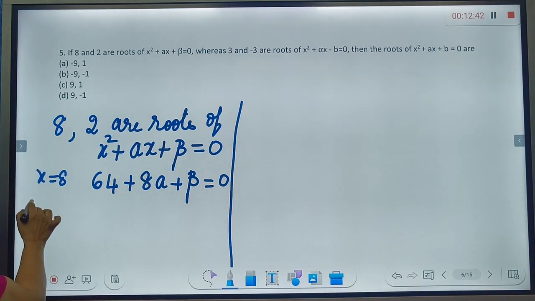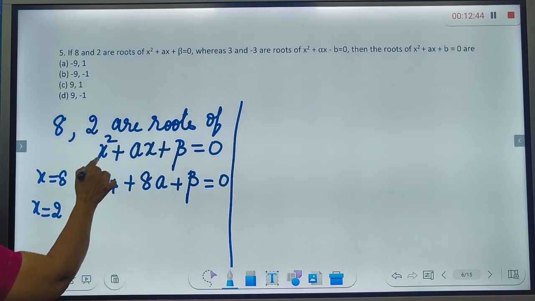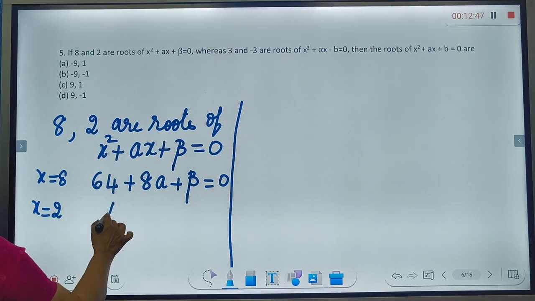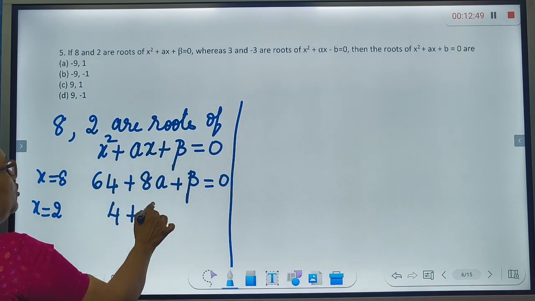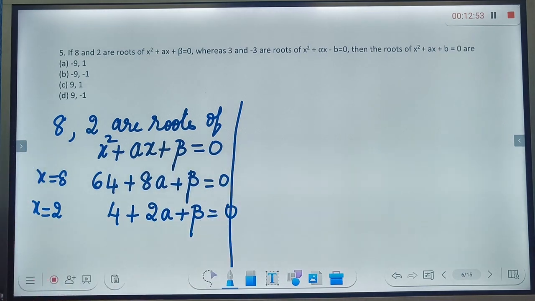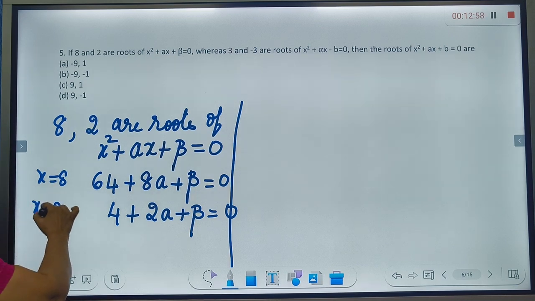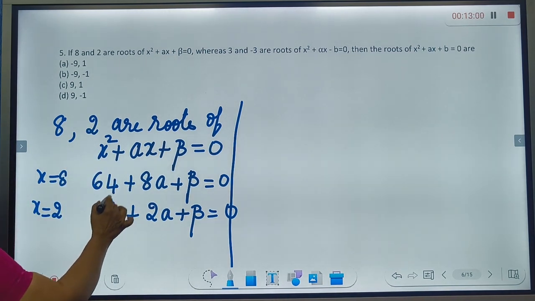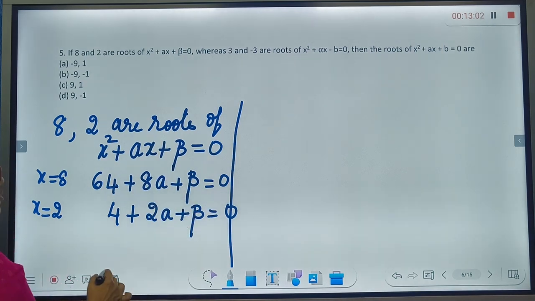Okay, next x equal to 2. What will I get? 2 square 4 plus 2a plus beta equal to 0. What have I done? I have substituted x equal to 2. So I get 4 plus 2a plus beta equal to 0.